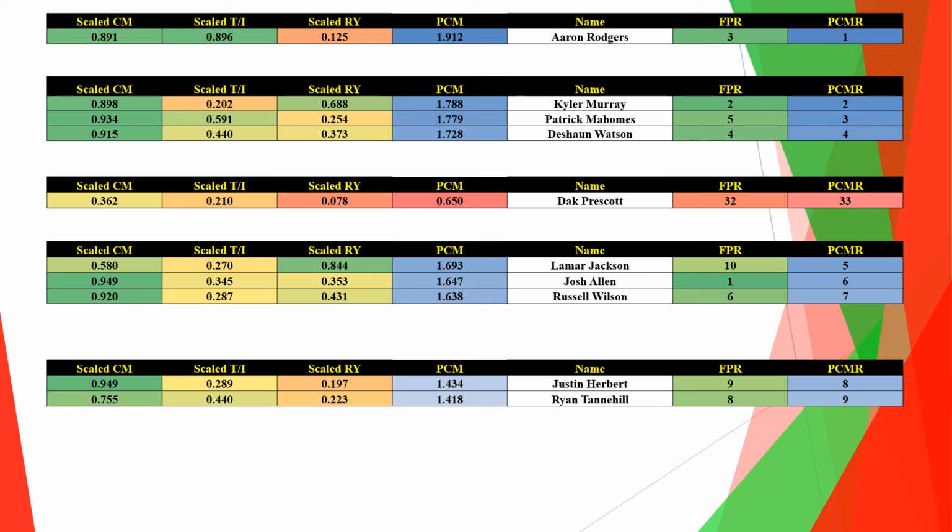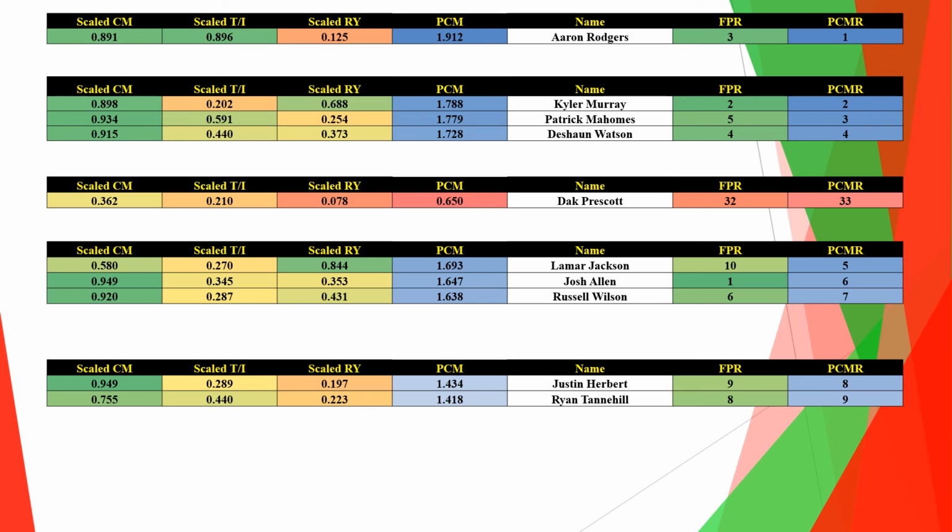And then it's Lamar, Allen, Russell Wilson flip-flopping 5th, 6th, and 7th. So there may be some opportunity for Dak, and I think Lamar might be something. If you're a late round person, I think the 3rd or 4th tier is probably fine. There's always a debate, should I grab a late quarterback or an early quarterback.